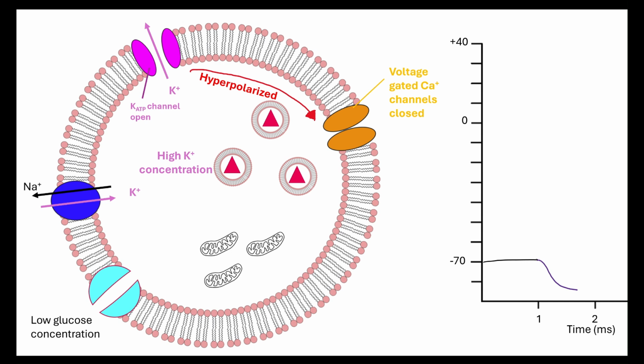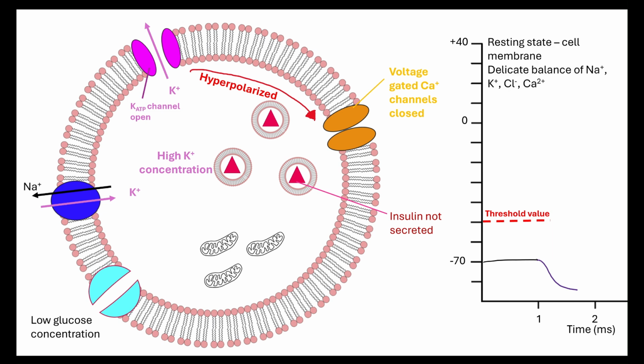If they remain closed, that means that the insulin is going to stay inside the vesicles. It is not going to be secreted. So this is what happens when there is low glucose concentration. We don't want to release any insulin because there isn't enough glucose being transported in the bloodstream as it is. So what we're getting is what's known as the resting state.